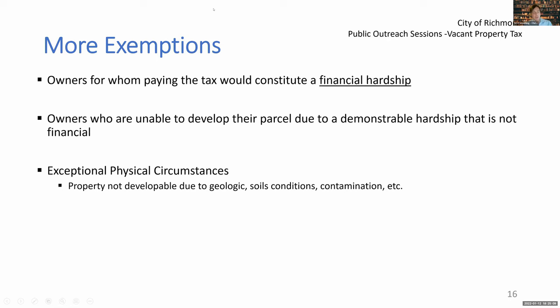And this last one has more to do with the physical constraints of the property. The property potentially could be not developable due to geologic conditions or soil conditions. It could be contaminated. So these types of properties would potentially be exempted from the tax as well.